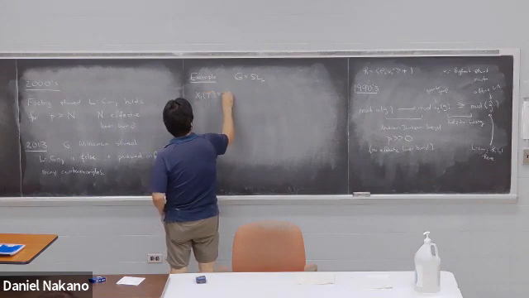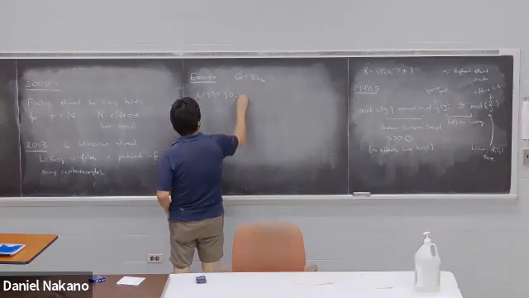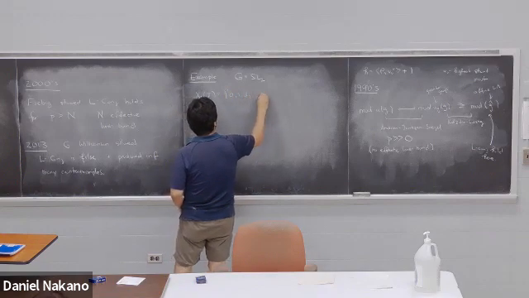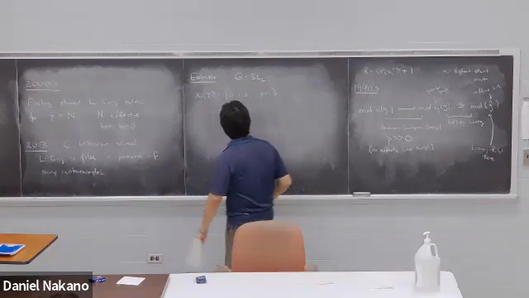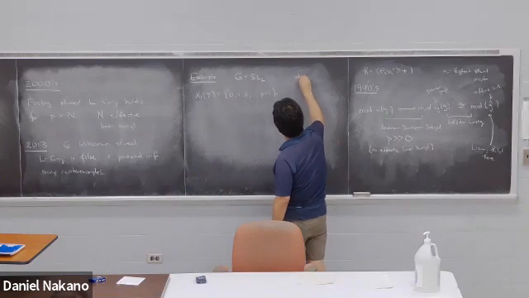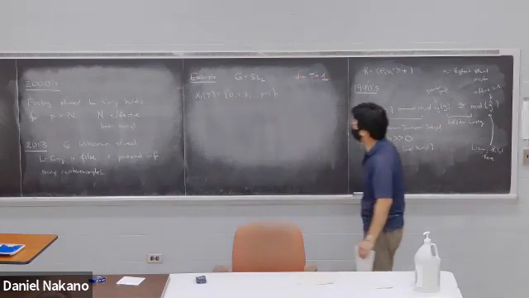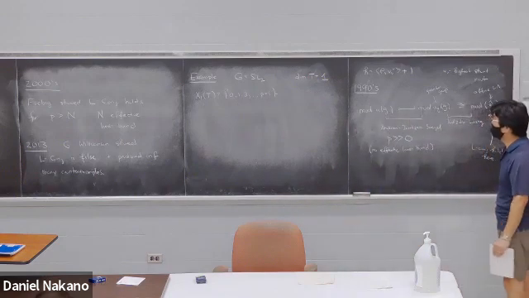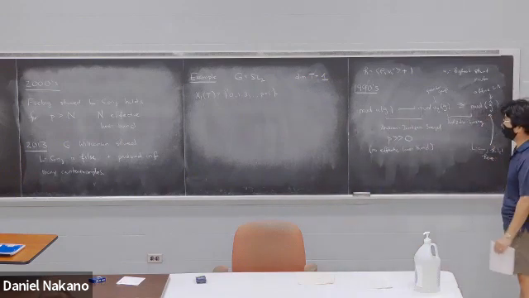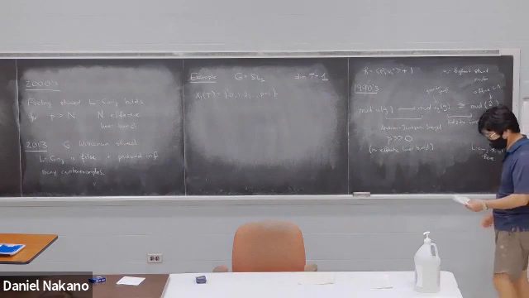The restricted region has weights 0, 1, 2, up to p minus 1. Remember, the torus is one dimensional. So that's what the restricted weights look like.